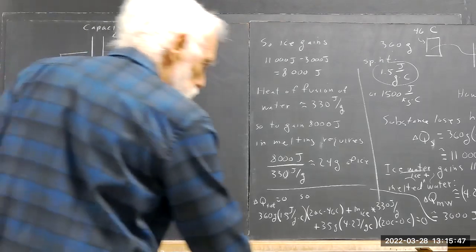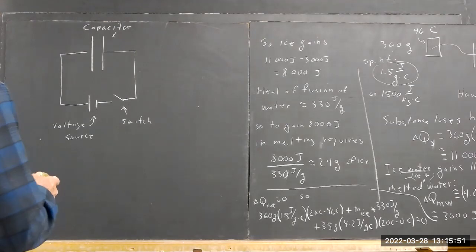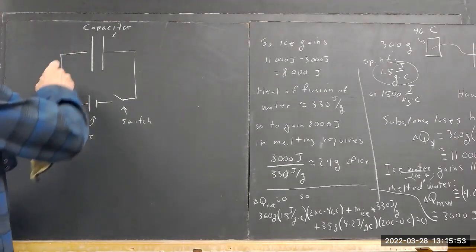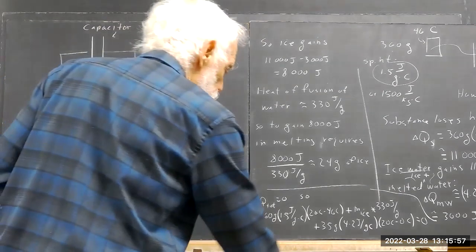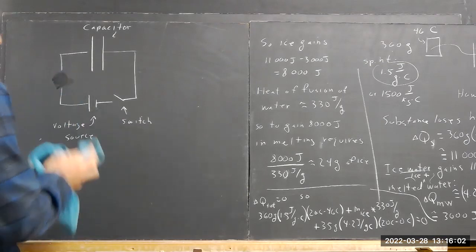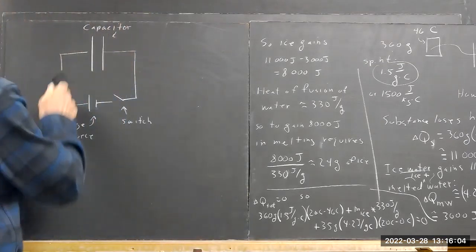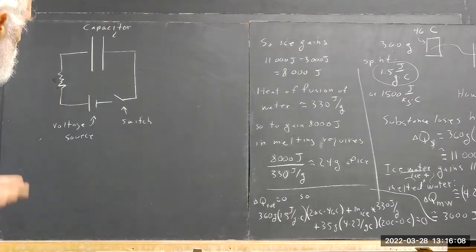Let's go ahead and put a resistance in here, so we don't have what would essentially be a short circuit between here and there, and maybe melt the wires and damage the capacitor and everything. So we'll put some kind of resistance in. Okay, so what's going to happen?